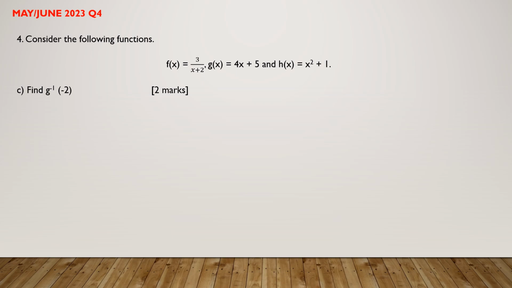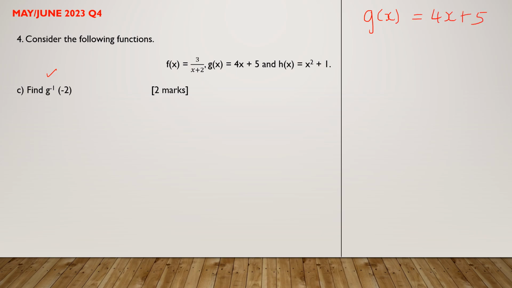Here we have C. Find g inverse of negative 2. I'm going to have my space. Just going to try to keep my working as neat as possible. So it's 2 marks. First we have to find the inverse of g. So g of x is equal to 4x plus 5.